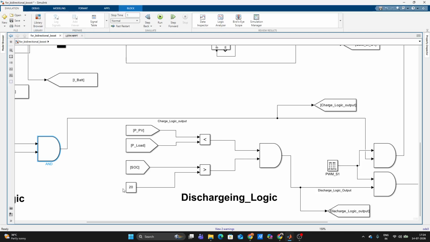This 20% we have kept as the SOC, the minimum charge, so we don't want the lithium ion battery to be totally empty. You can minimize this to 10% or 5% also.